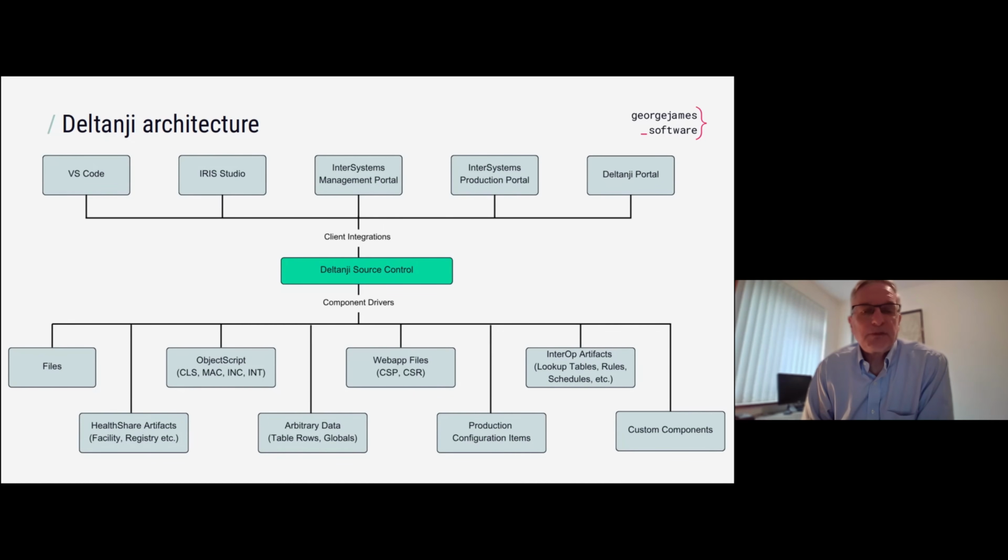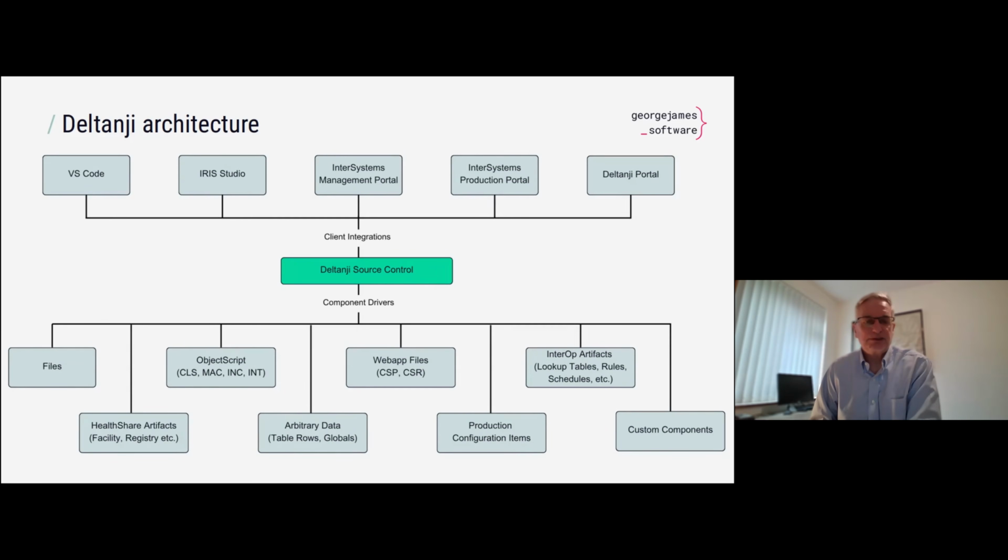You'll see that at the top there are the various client integrations. These are the tools that you use to do work within the InterSystems environment, and these are all integrated with Deltanji to provide a smooth and friction-free experience.